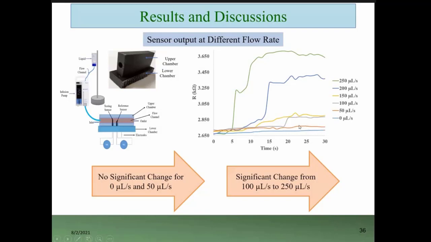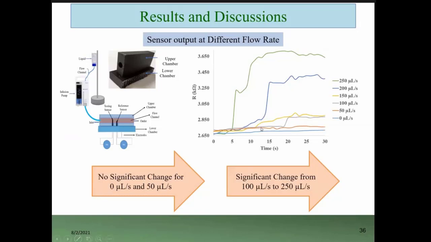But when I gradually increased the flow rate, for example 100 or 150 microliter per second, it was found that there is a little change in the resistance of the testing sensor. And the significant change in the resistance was recorded when the flow rate was increased up to 200 microliter per second and 250 microliter per second.